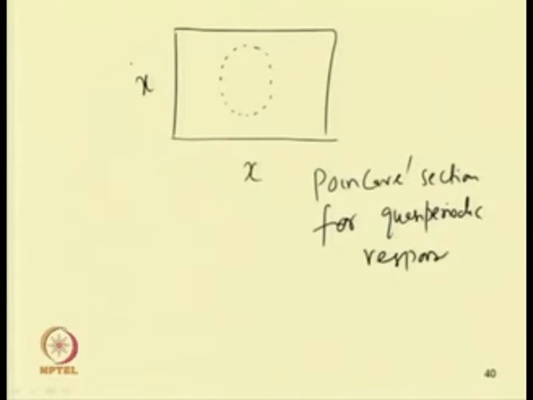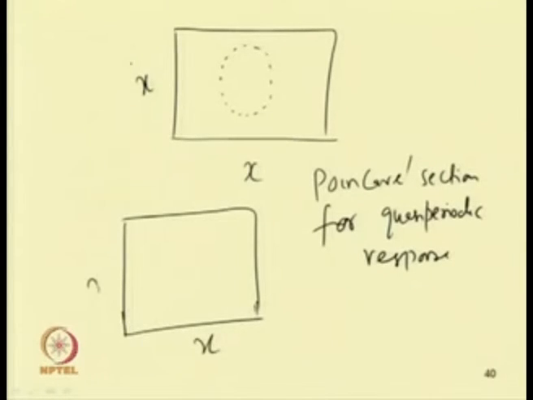Similarly, one can plot the Poincare section for a chaotic system. In case of the chaotic system, the Poincare section will fill up the whole space. One gets a series of points which fill this state space in the Poincare section.